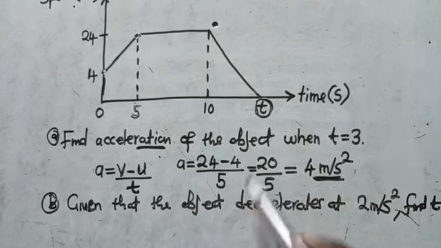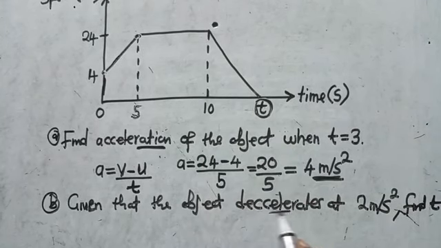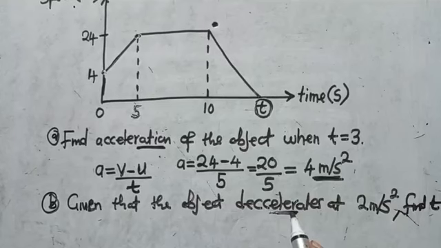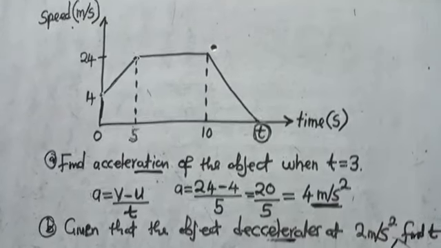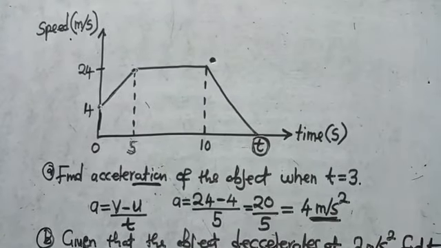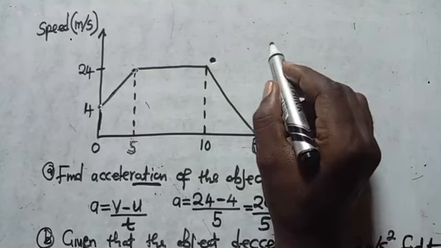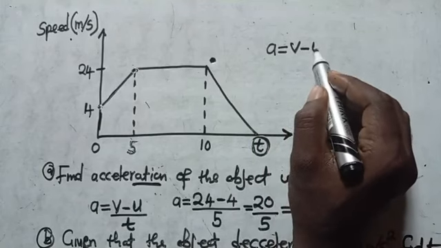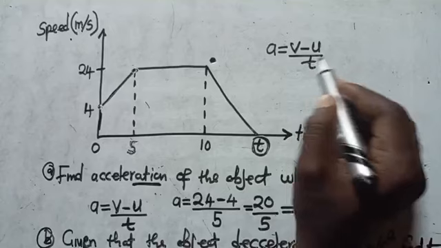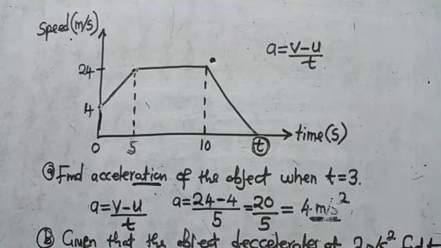We are given deceleration. Since we are given deceleration here, the formula we are going to use is the formula for acceleration. What you need to know is that acceleration is equal to final velocity minus initial over time.